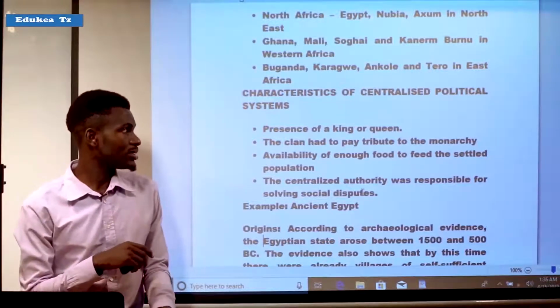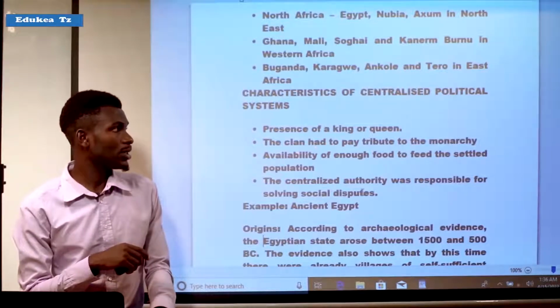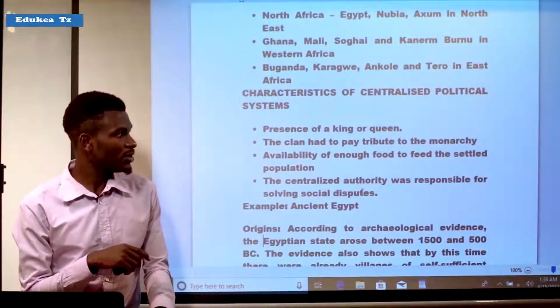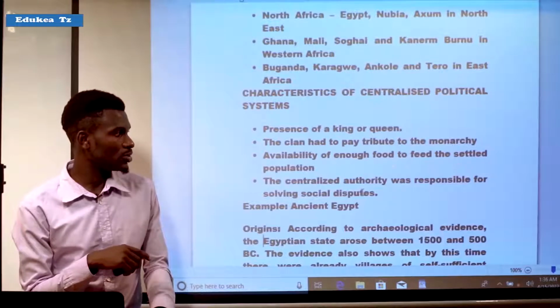Also in a centralized political system, there was availability of enough food to feed the settled population.